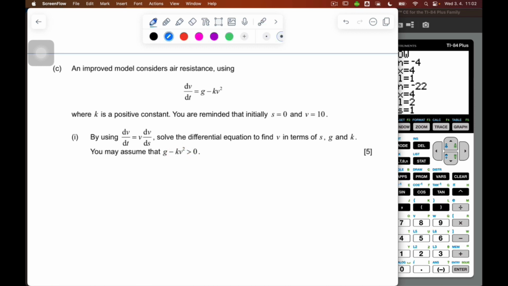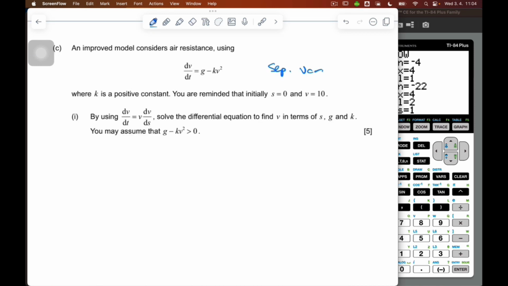So what I want to do is rearrange this equation and do the separation of variables again. I know that dv/dt is equal to g minus kv squared, and I want to solve this differential equation.